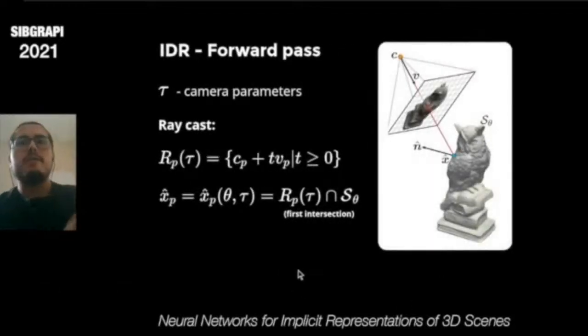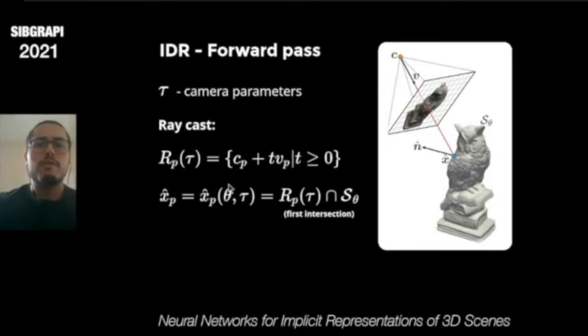The forward pass, so the rendering process, they do also raycast, right? And so our x hat here will be the first intersection as before, but here the raycast depends on the tau, which is a camera parameter. So here we're also correcting the camera, learning about the camera, right?